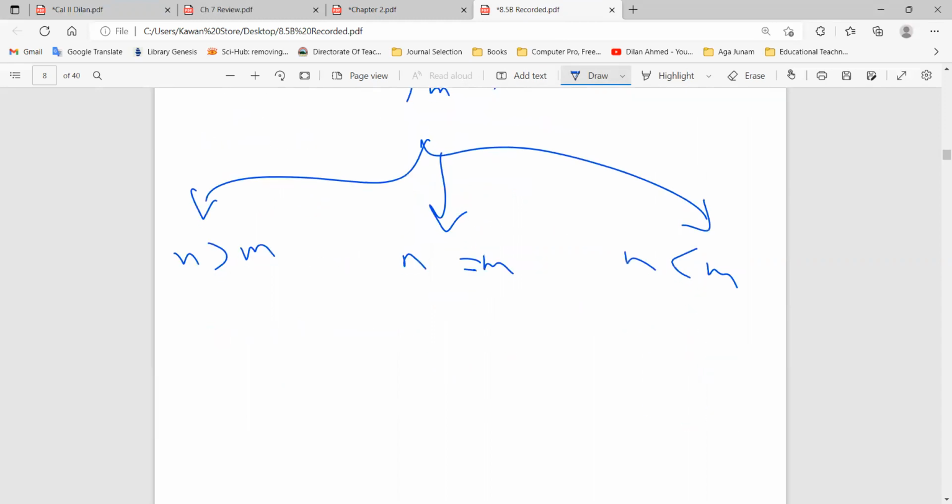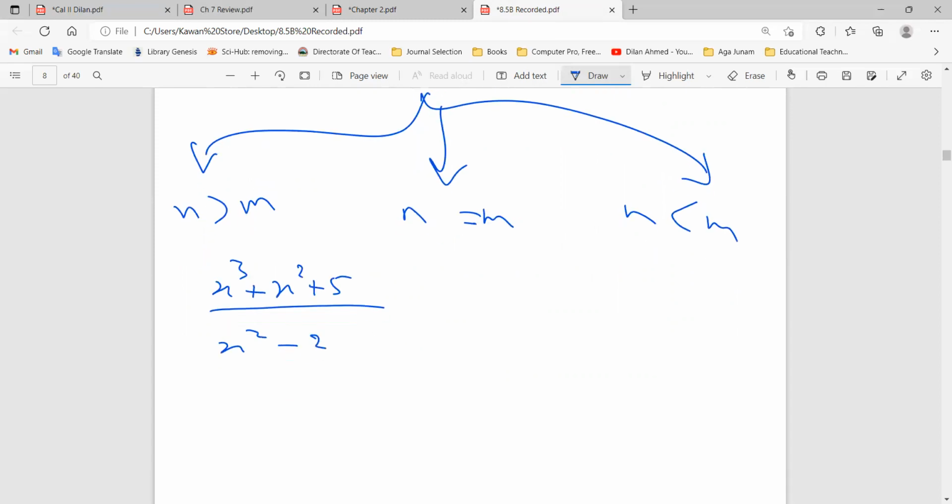For example, we have x to power 3 plus x to power 2 minus 5 over x to power 2 minus 2. If I try to find the limit here, x approaching infinity, because the numerator is greater, I will get infinity directly.